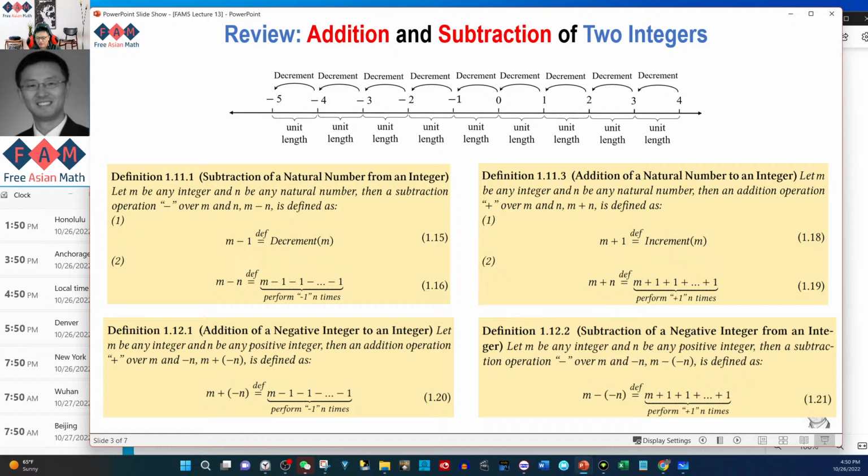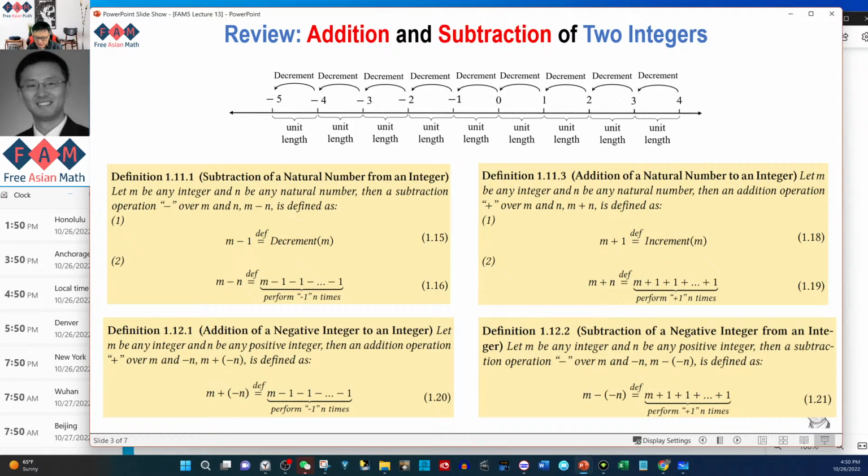So once we have those definitions, look at what we have. We have four separate definitions. Together, they cover all the cases for addition and subtraction of any integers. It doesn't matter whether the first or second number is negative or not. We covered everything with those definitions.